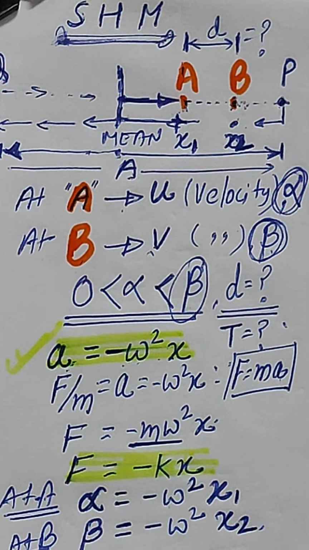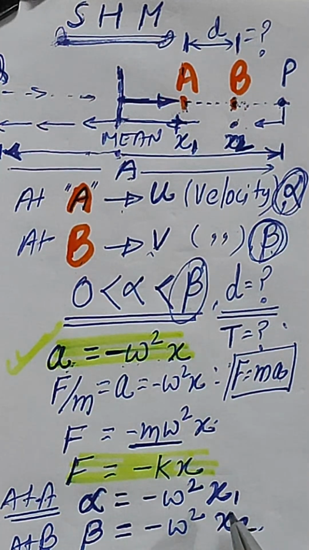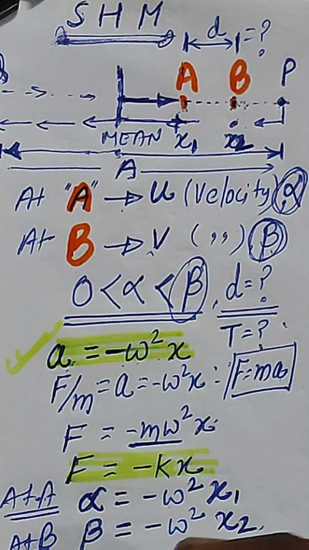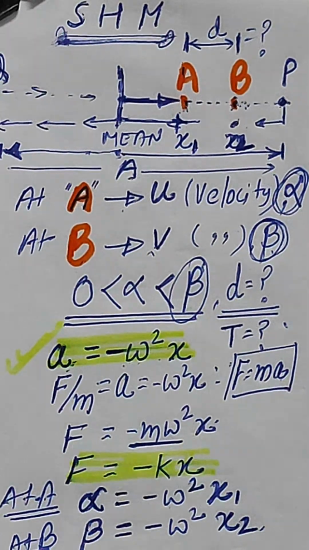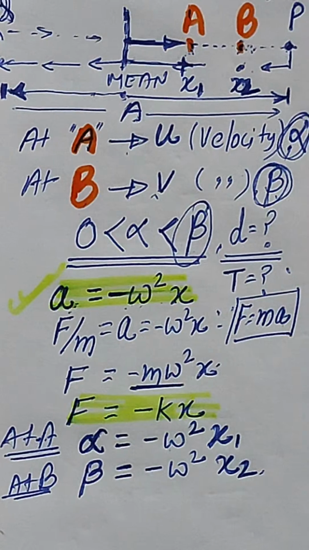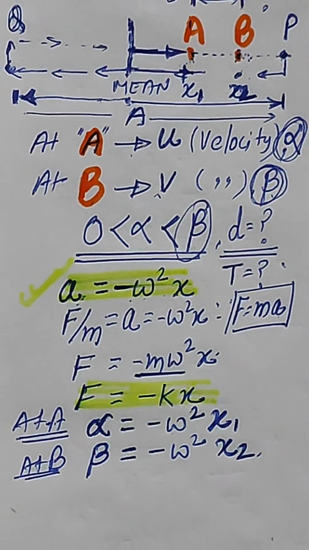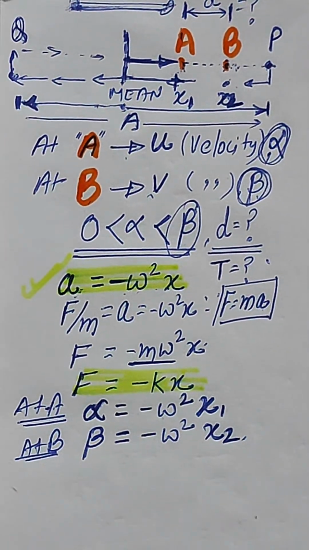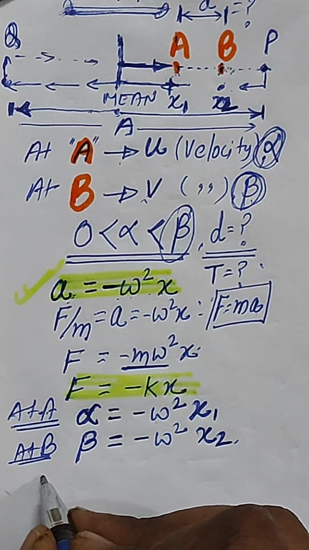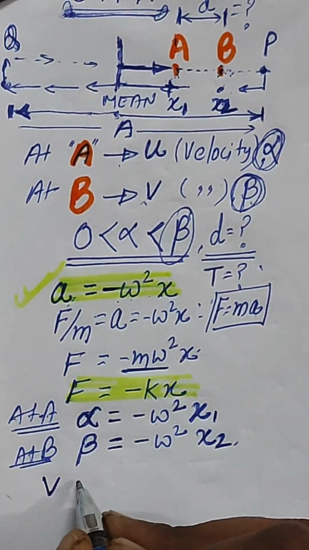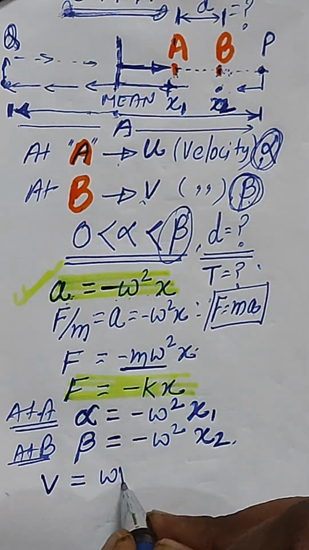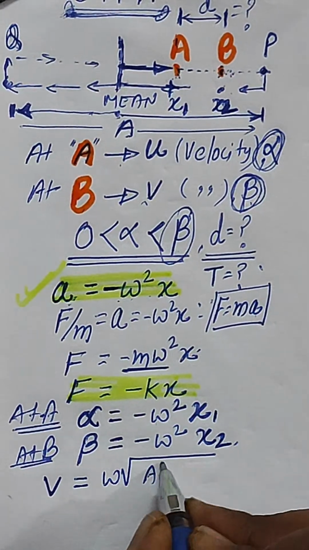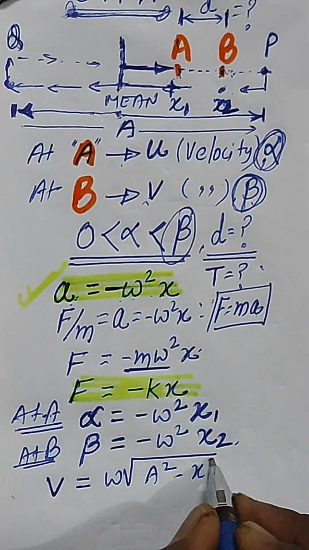Now if you remember the formula, v is equal to omega root over a square minus x square.